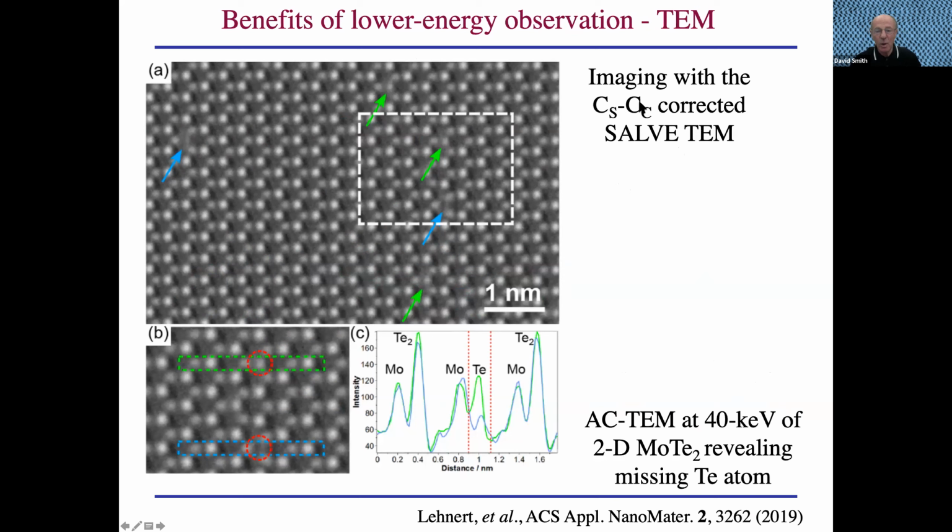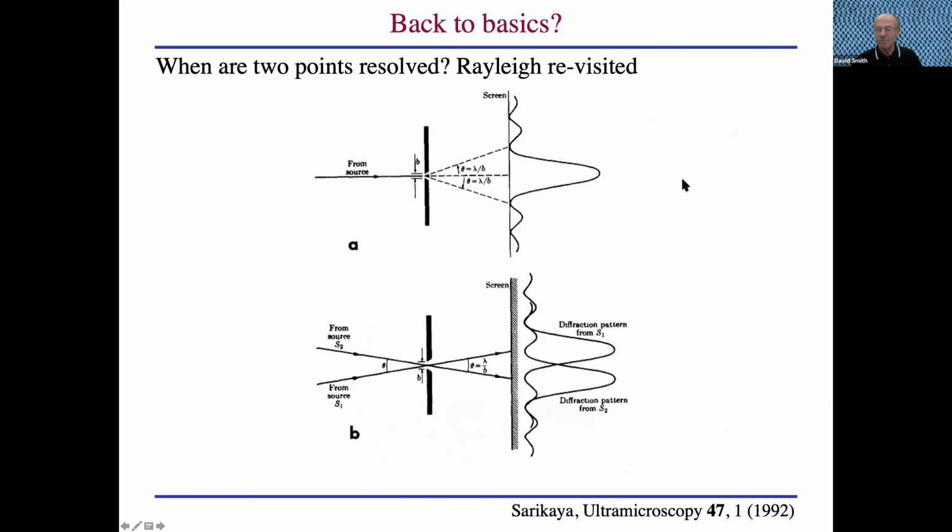But if you can correct the CC, then you get improved resolution, even down at 40 kV or 20 kV. And in this case, Lehnert and colleagues in Kaiser's laboratory were able to show that in this line scan, you can see here we have two tellurium atom columns and then 1 and then 2. So they were able to reveal missing tellurium atoms.